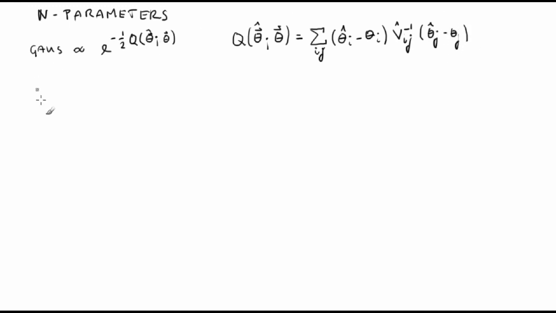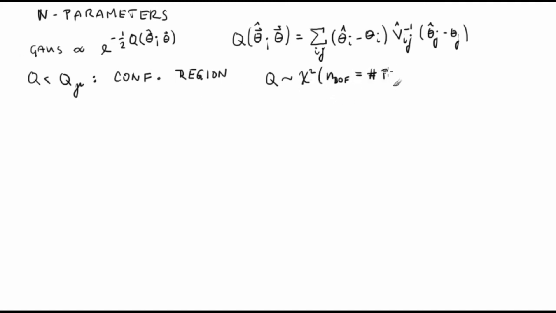The confidence region is determined as a set of points for which the quantity q is lower than some predefined value q gamma. Remember that q is distributed according to the chi-square probability density function with the number of degrees of freedom equal to the number of our model parameters.